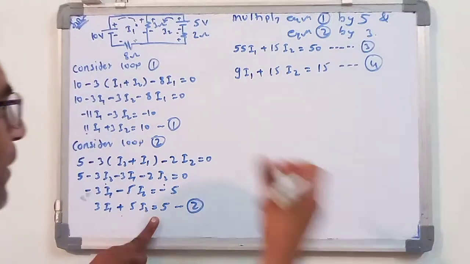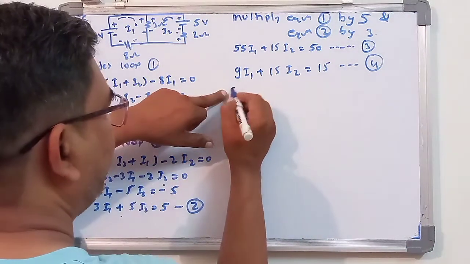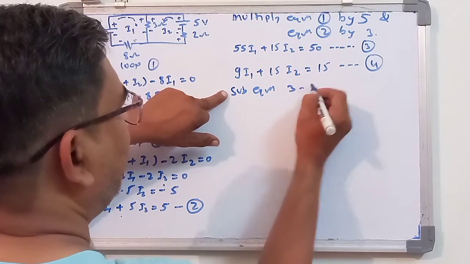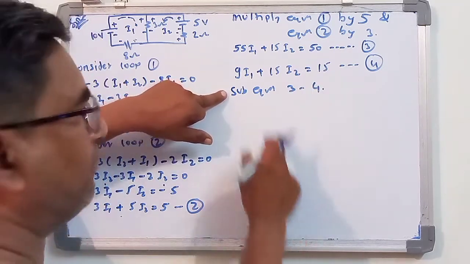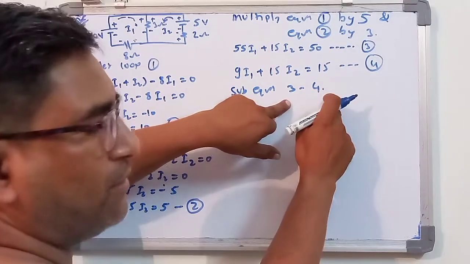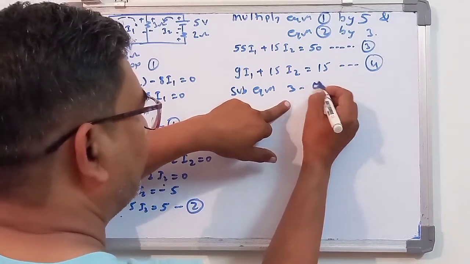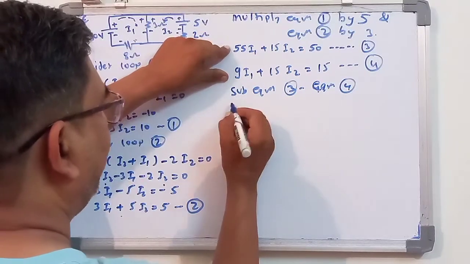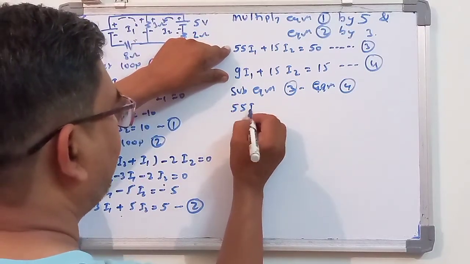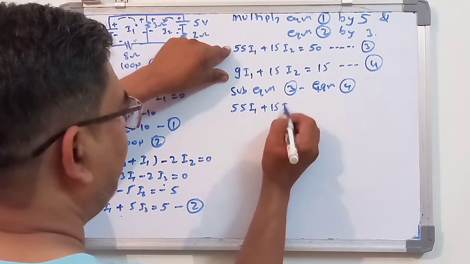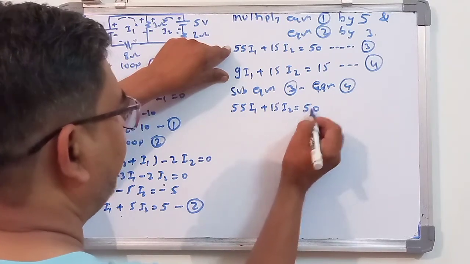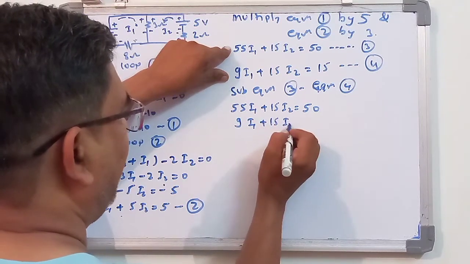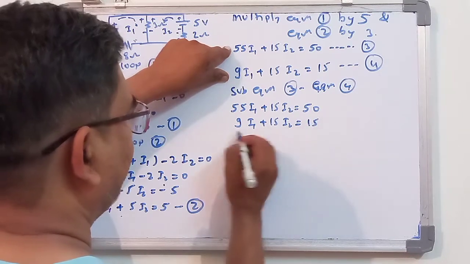Simple. Now what you have to do? You have to subtract equation 3 minus 4. So again you rewrite this one. 55 I1 plus 15 I2 is equal to 50. 9 I1 plus 15 I2 is equal to 15.